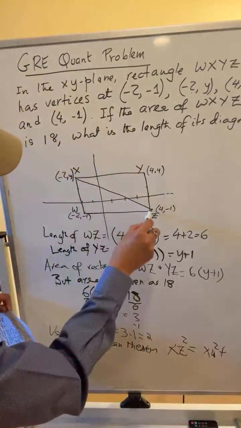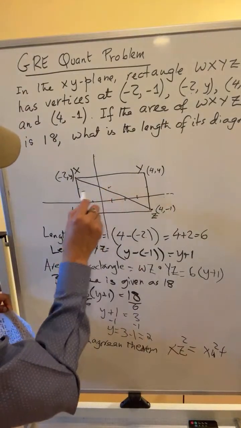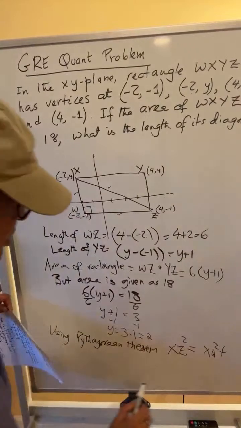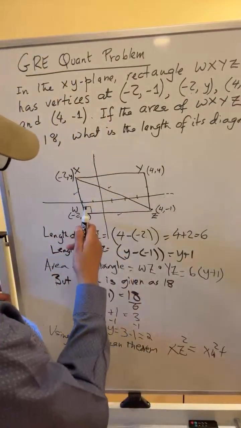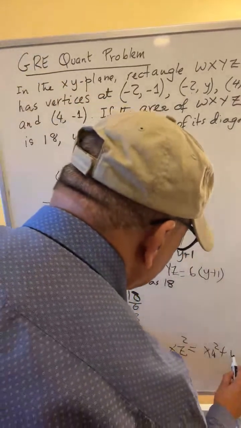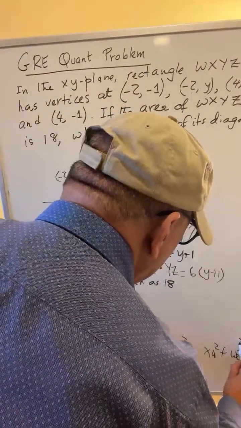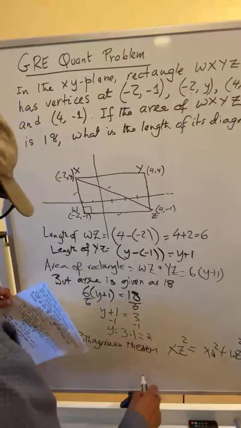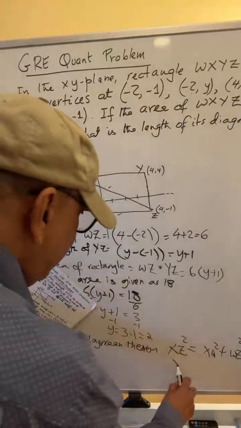So the diagonal square is equal to this square plus this square, because this is a right angle. Or XZ square.